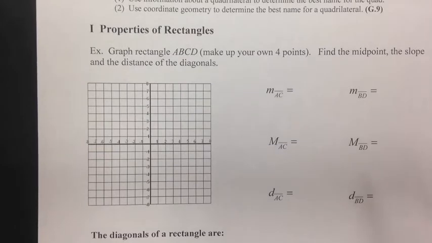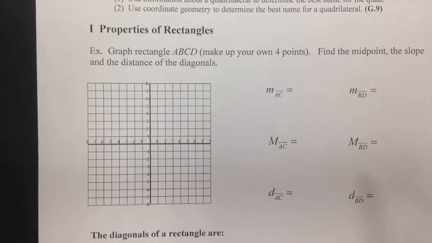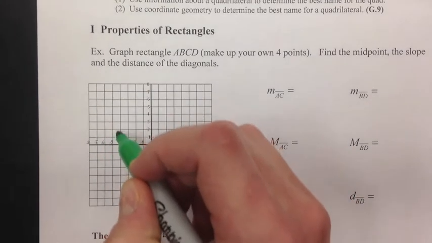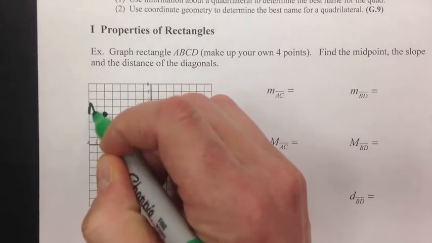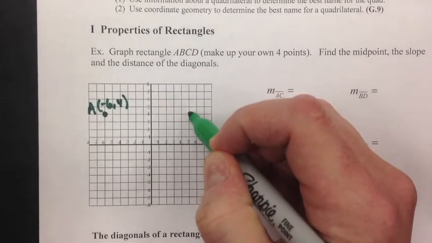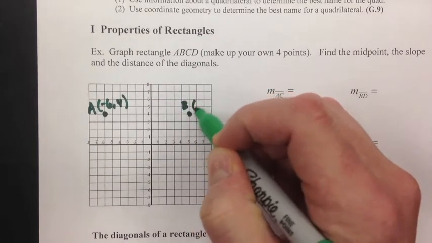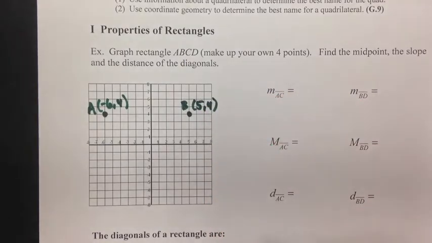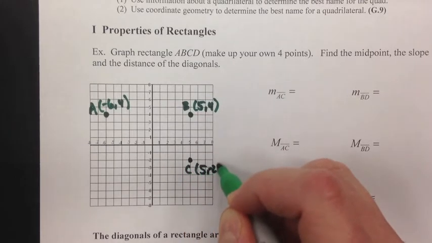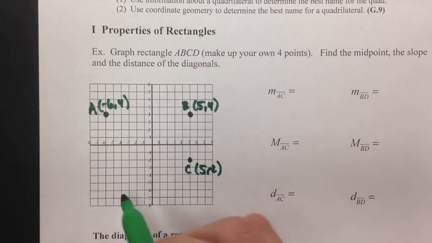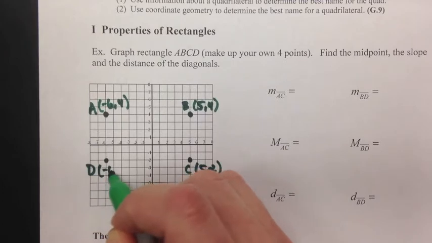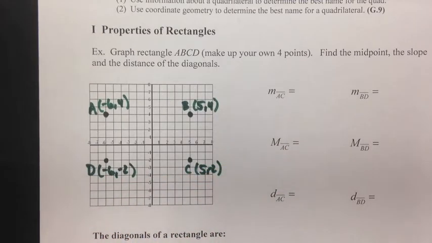First of all, we're going to draw one, and I'm going to pick 4 points here to make it. The points I'm going to choose: -6, 4, I'll call that point A. 5, 4, and that's point B. Let's do 5, -2, and that's C. And -6, -2, and that's point D. All right, and then let's go ahead and connect it.